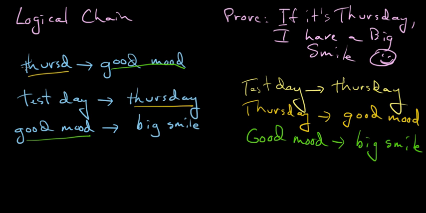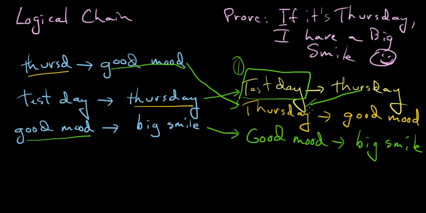Okay, so look at what I did. I just took this statement and put it up here. I took Thursday means I'm in a good mood and put it here. And then good mood means I have a big smile and just put that right there at the bottom. So what does this mean? If it's test day, start with this. Then it goes to Thursday.